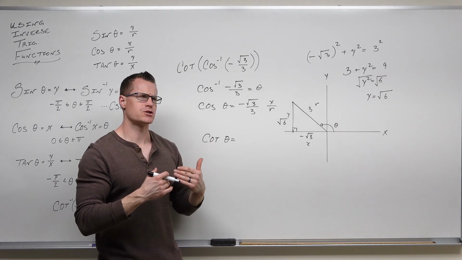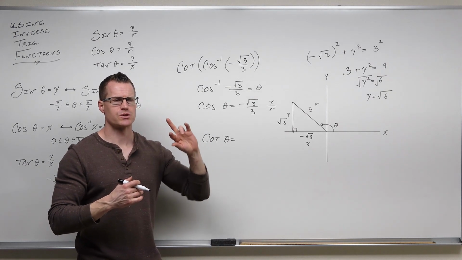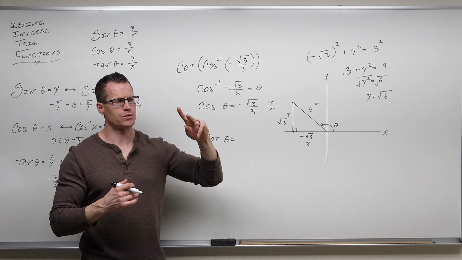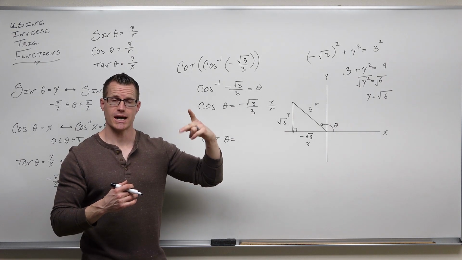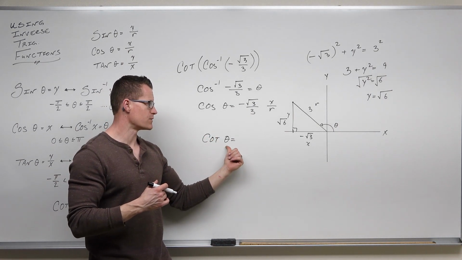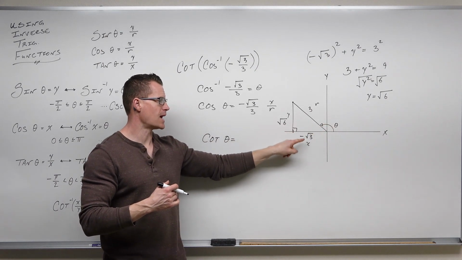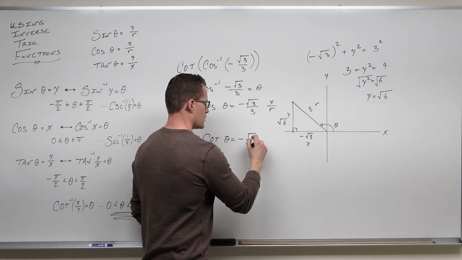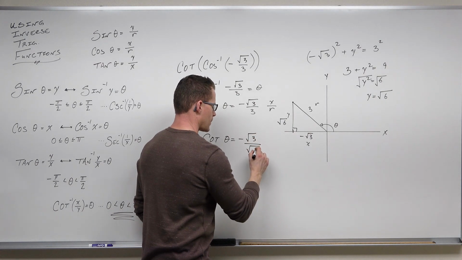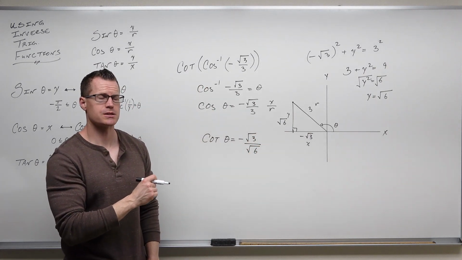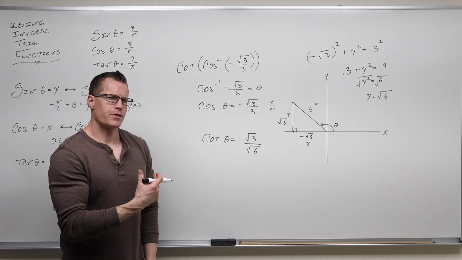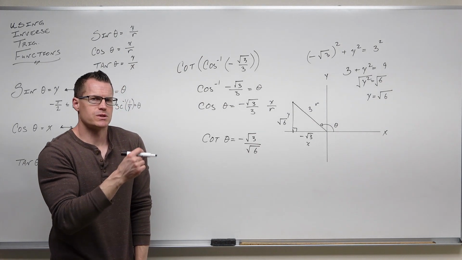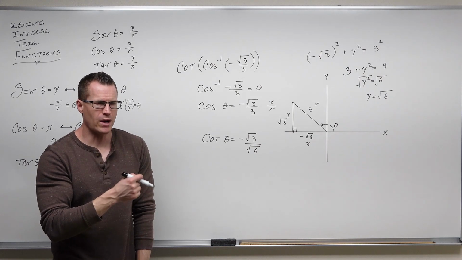So let's think of cotangent theta. Cotangent is the reciprocal of tangent. So tangent was y over x, cotangent is x over y. So cotangent of this angle says, I want you to put the x over the y. And we make sure that we use signs. So if we deal with that, most of the time what we do is we see if we can simplify these square roots before rationalizing.